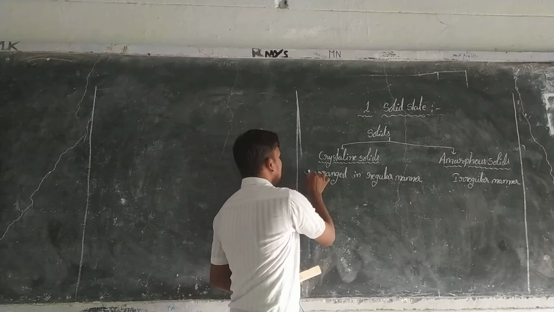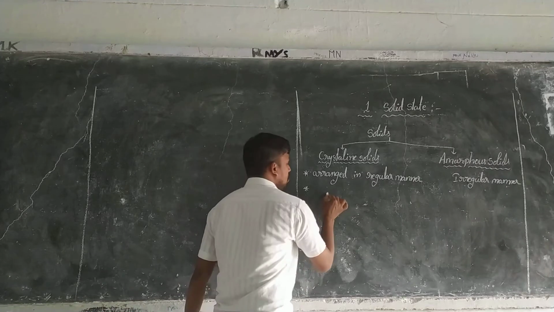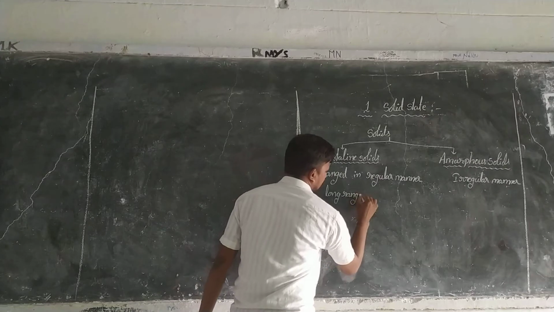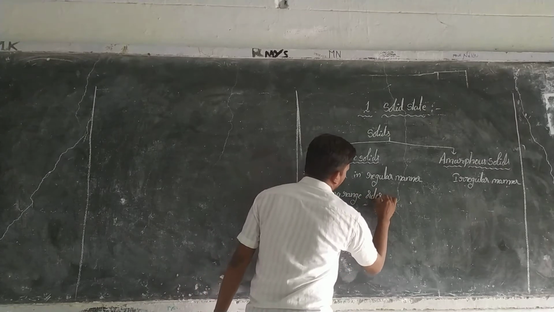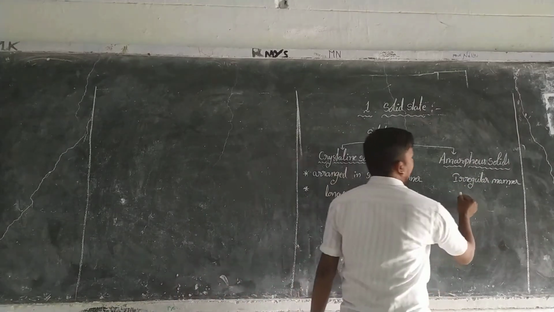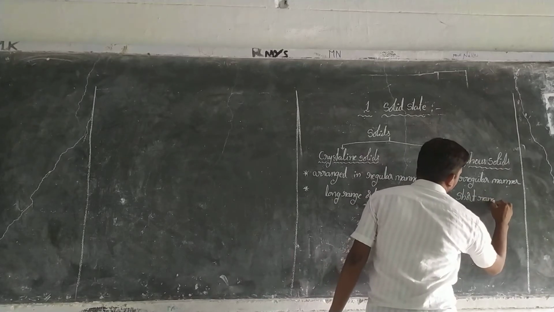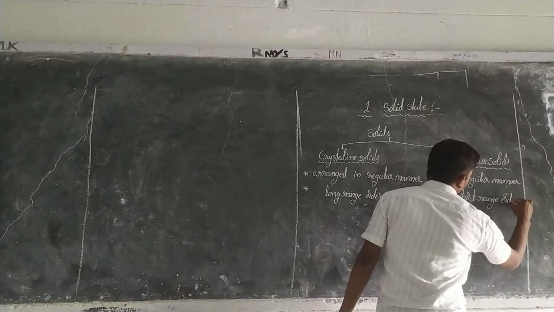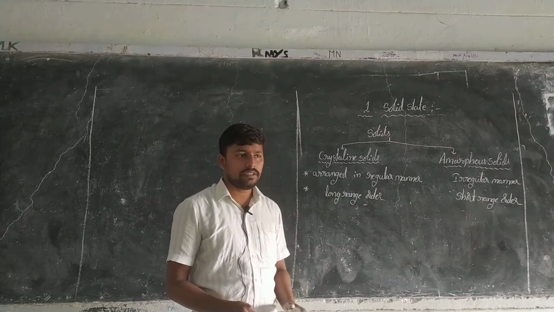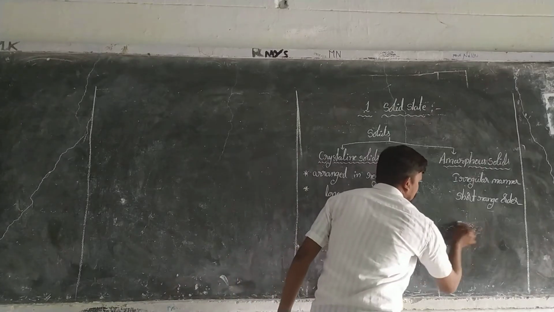So that's why crystalline solids have long range orders. In amorphous solids, they have short range orders. So long range order, short range order means, for example, if you take one crystalline solid, this is one crystalline solid, this is one amorphous solid.